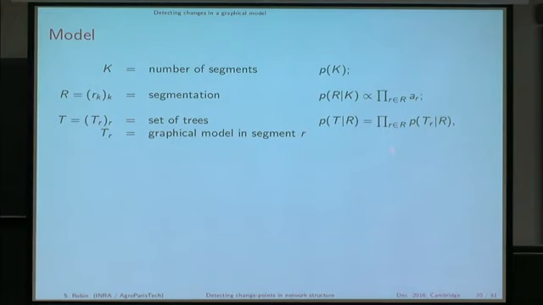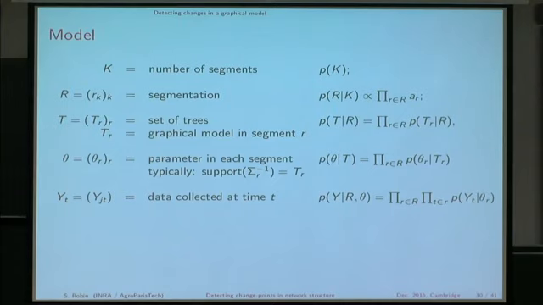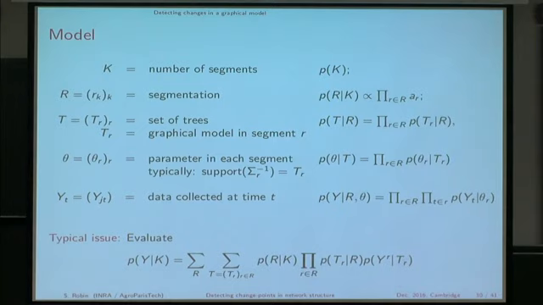Again, each prior is also a product over its own edges. Then I have to draw my parameter, and this prior has to be consistent with the edges. Again, I only have a limited number of distributions for which this is possible, and then the data are drawn independently given all the rest.